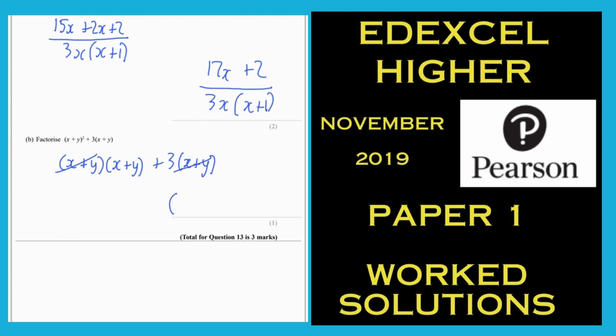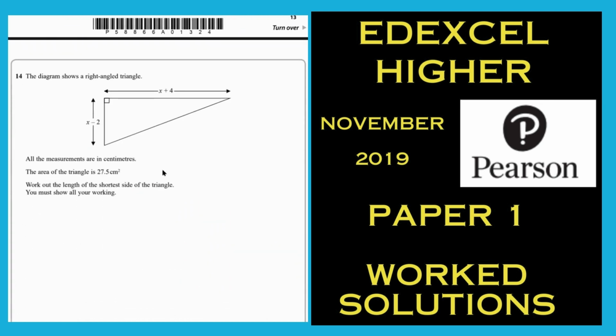Take them out. They've got an X and a Y in common. What's left over? An X and a Y and a 3. And if you wanted to keep them inside brackets, that's perfectly acceptable. But I wouldn't bother. It's only worth 1 mark, and that's the answer. That's how it's displayed in the mark scheme.